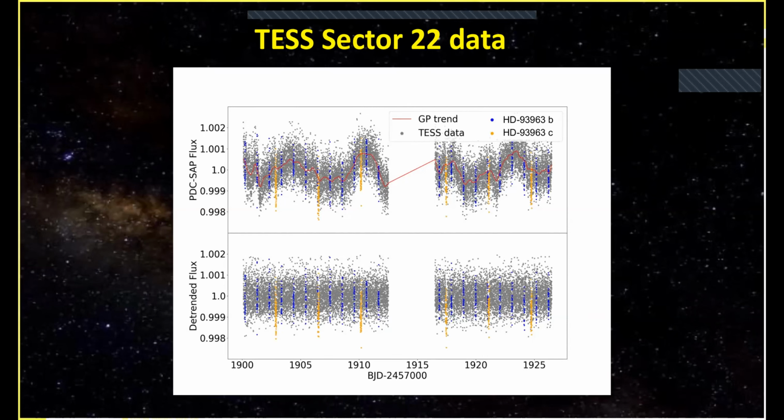The TOI within this system was a 3.65 day target, while we found an additional 1.04 day signal with a signal-to-noise ratio of 6.7.